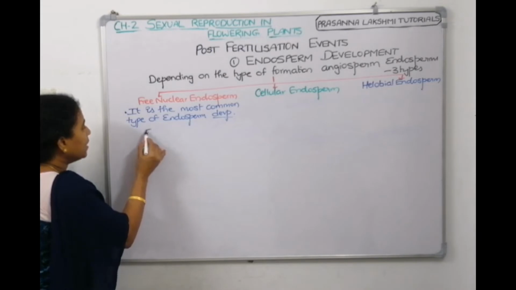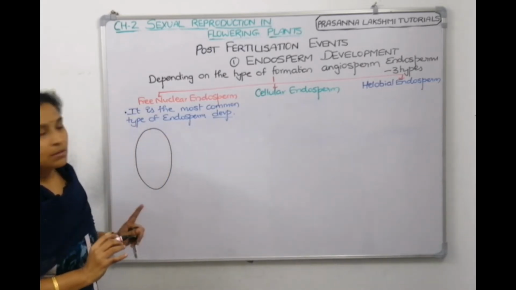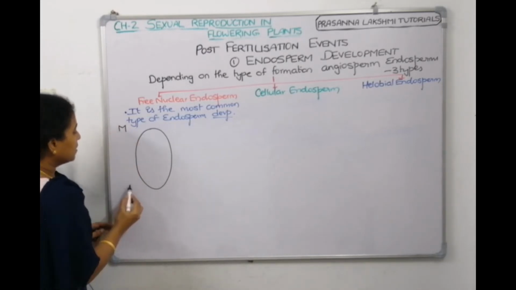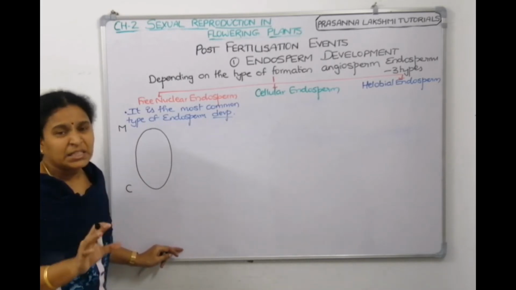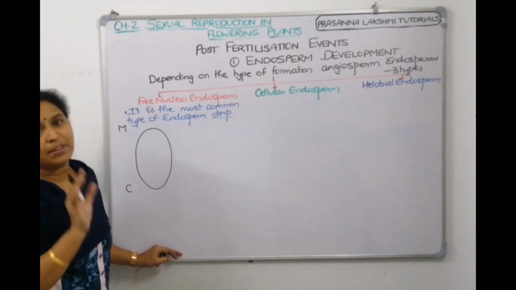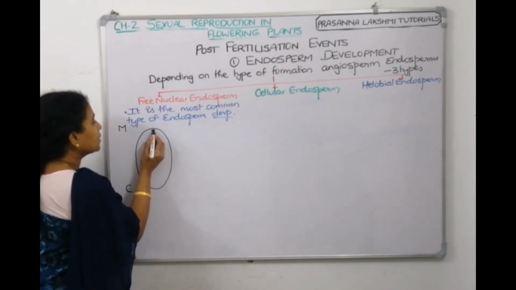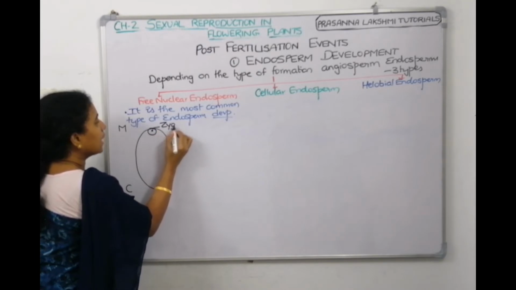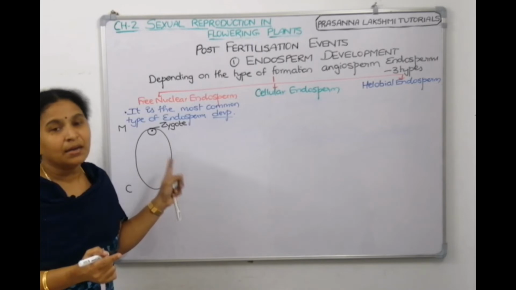Let me draw that embryo sac once. This is the embryo sac. This side is the micropylar end. This side is the chalazal end. And the antipodals, synergids, everything has degenerated. Now, here we have the zygote, formed at the micropylar end.